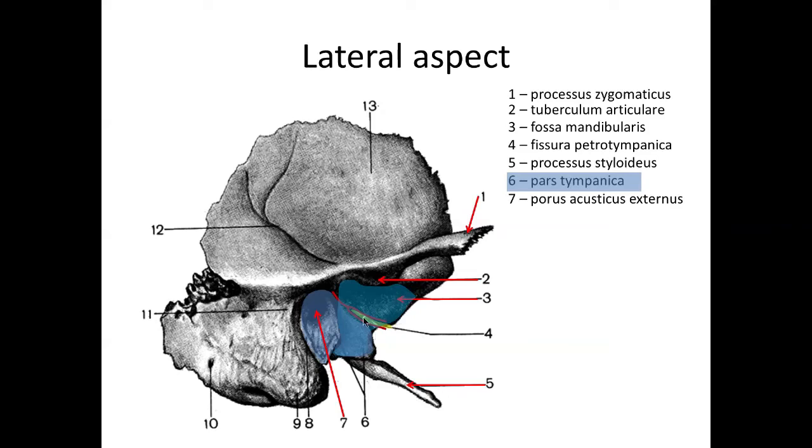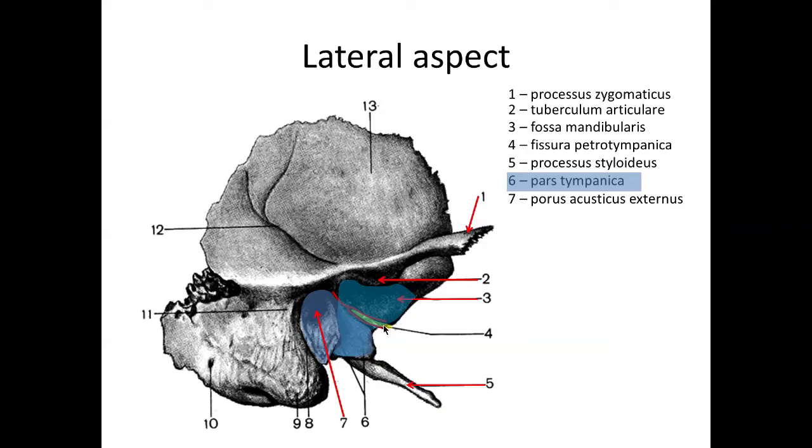And again, this yellow, it's small part of the petrous part of the bone or pyramis, so pars petrosa. The main part of pars petrosa is seen from medial aspect.